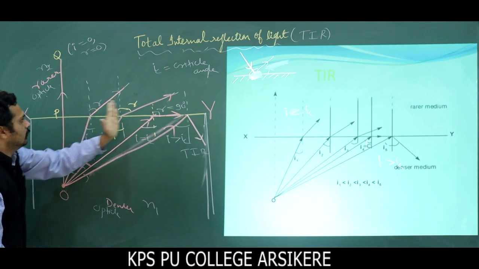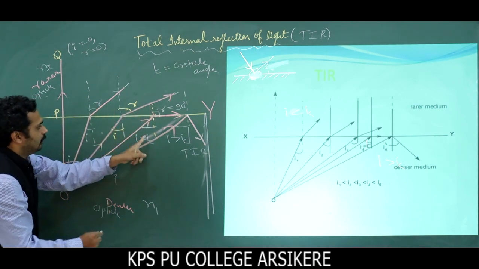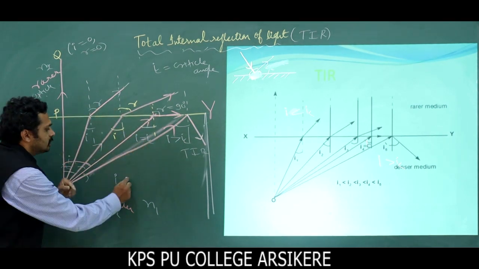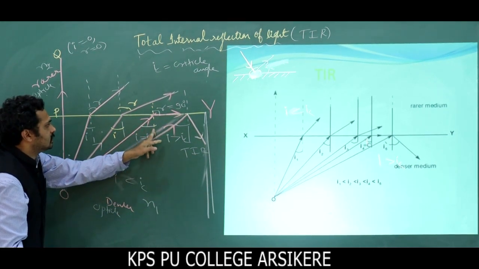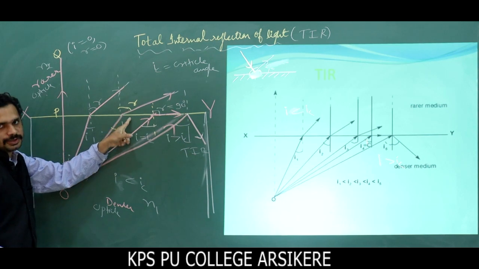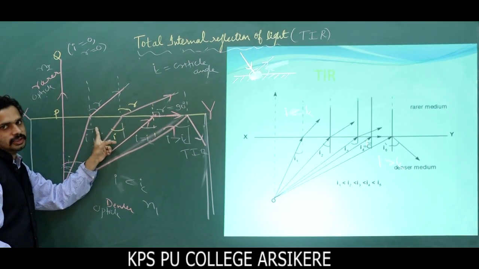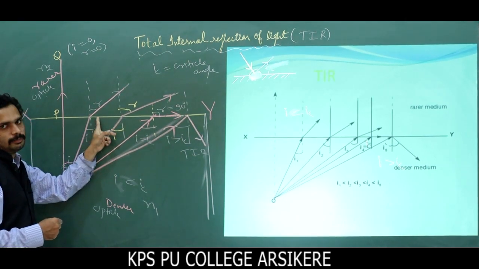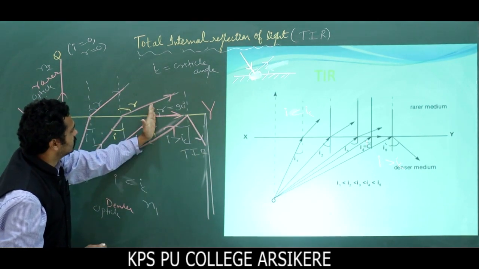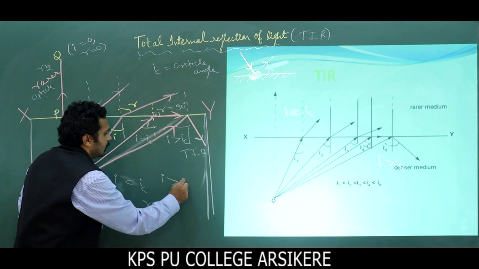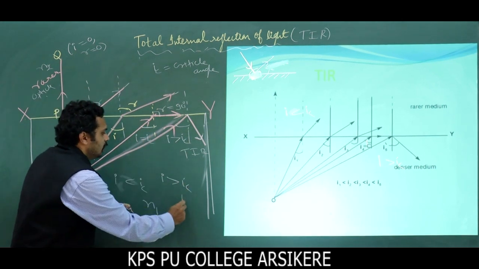If you go back, if I is less than IC, know that refraction and partly reflection. I neglected that partly reflected. If I is greater than IC, this is IC, going further, greater than IC, reflection.